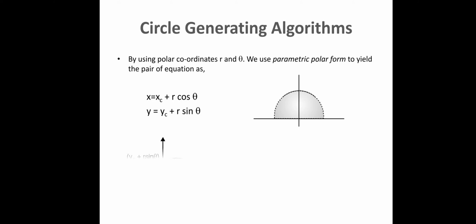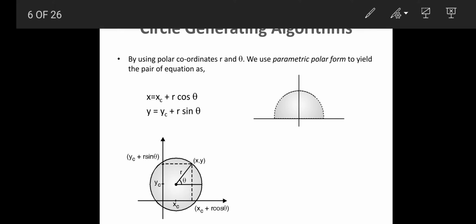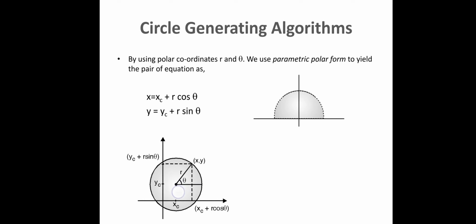So how can we find that? In this diagram you can see this is the circle, right? In that this shows the center, okay? This point is on the circle and has the coordinates x comma y, right? Then xc and yc are the coordinates of the center, right? Whenever I say x is equal to xc plus r, now when I want to use the polar coordinate, I will make use of this angle theta, right? So it shows that this side has the value r cos theta and this has the value r sin theta.